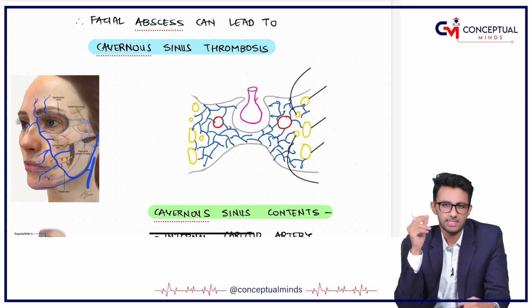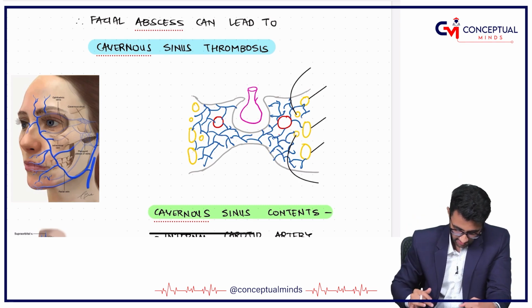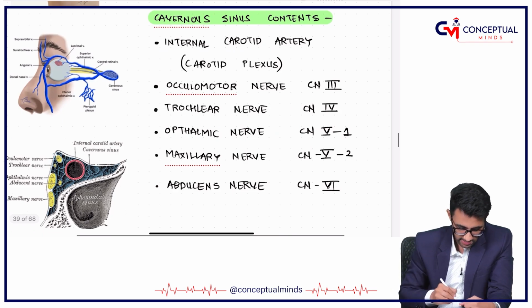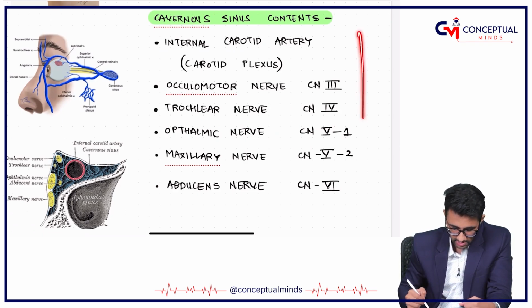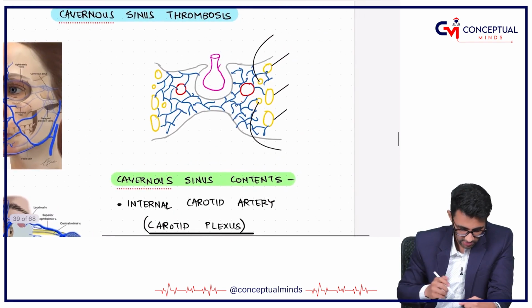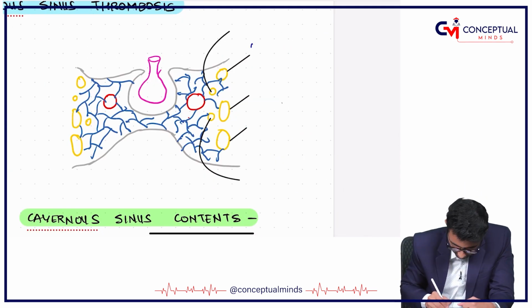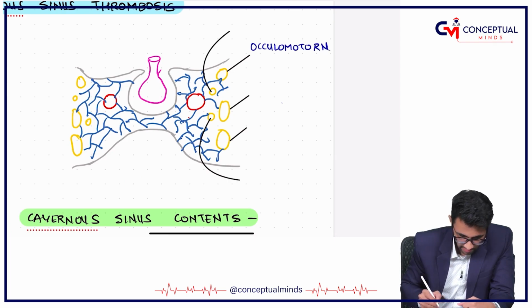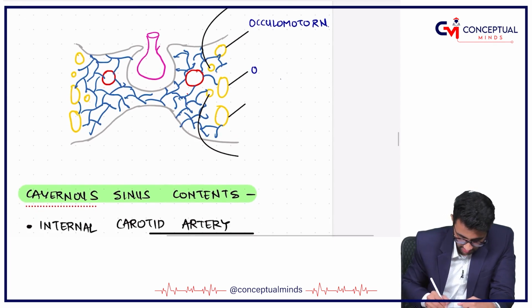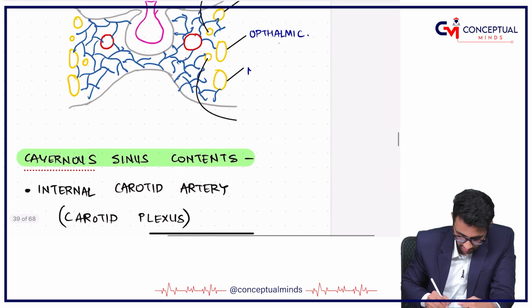Let us take this opportunity and revise the contents of the cavernous sinus. I have listed all the contents here and the diagram is there as well, so let us try to label them. The first one is the oculomotor nerve, this is ophthalmic, and this is maxillary.